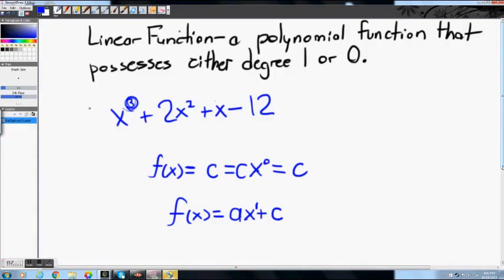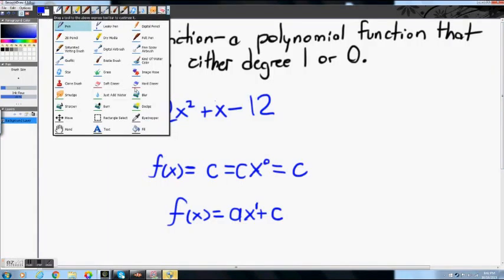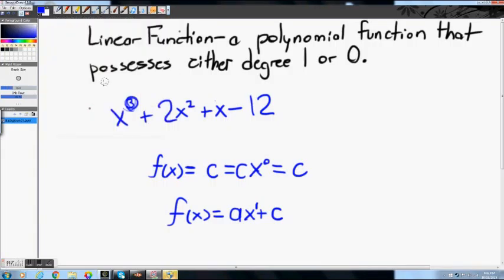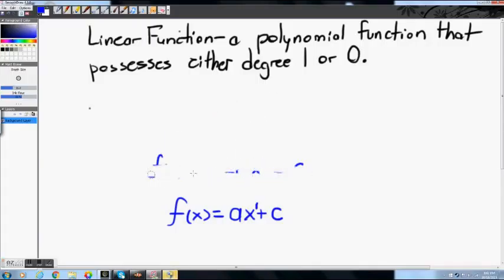So, before we talk any more about linear functions, let's first discuss slope. So, what is slope?